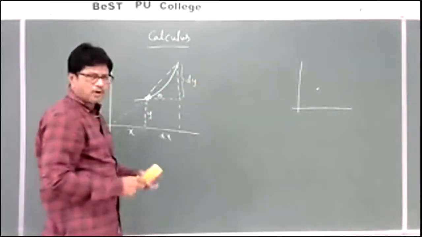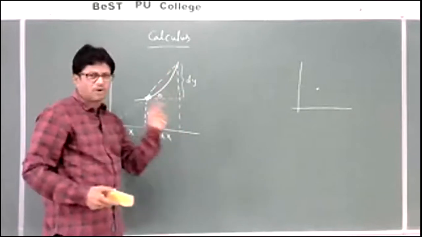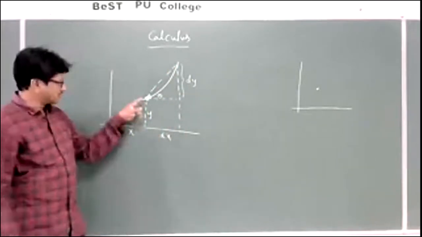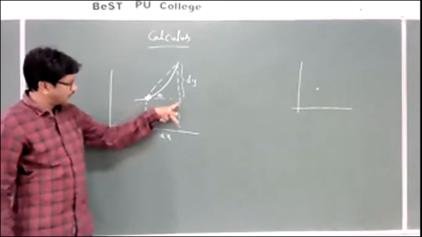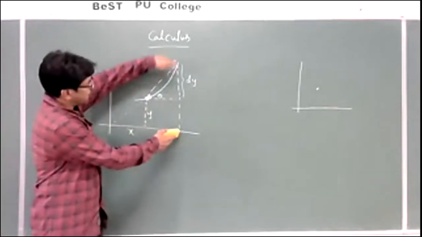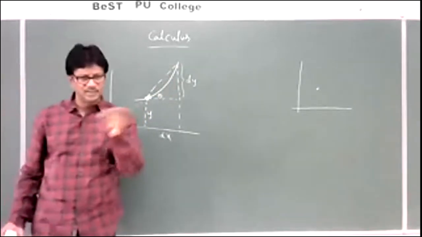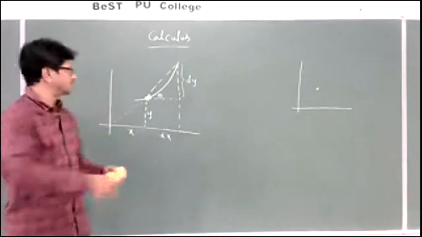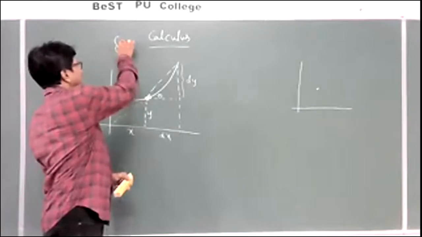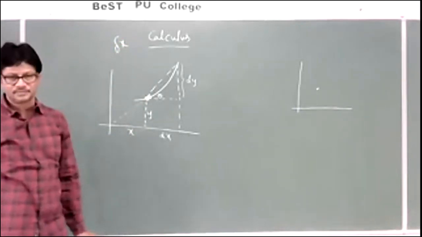Now this is dy, a small change in the y value. Actually y is here, up to here. Now this value is y plus dy, or delta also you can call. Generally we say small changes will be represented with delta: delta x, delta y, like that.